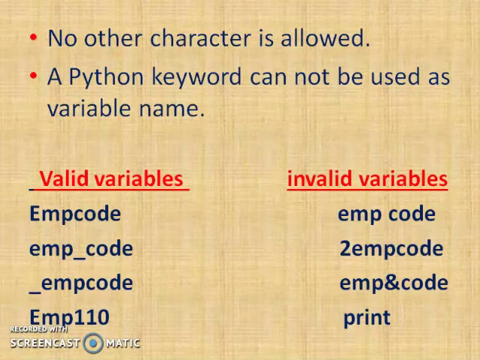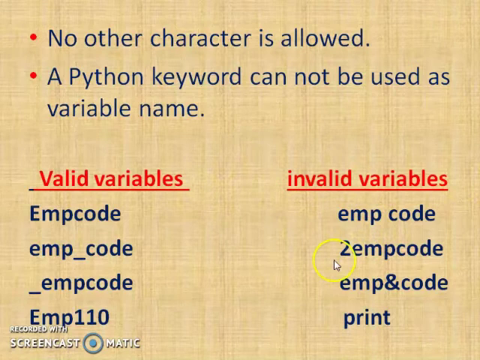A Python keyword cannot be used as a variable name. Means the word that has some special meaning in the language is called the keyword. Like here are some valid variables and some invalid variables. In these invalid variables, the first one is invalid because a space is given.